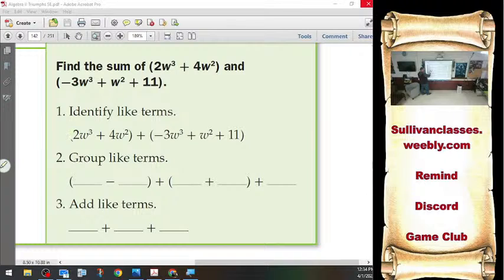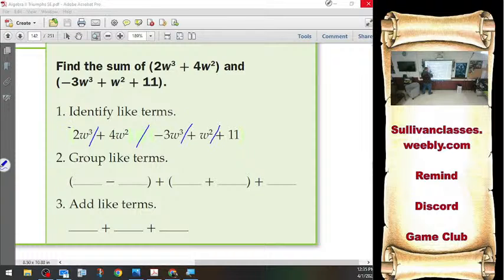So since I don't have to worry about distributing anything, those parentheses don't really matter. If those parentheses don't really matter, then adding a negative also doesn't really matter. I get to just look for like terms.